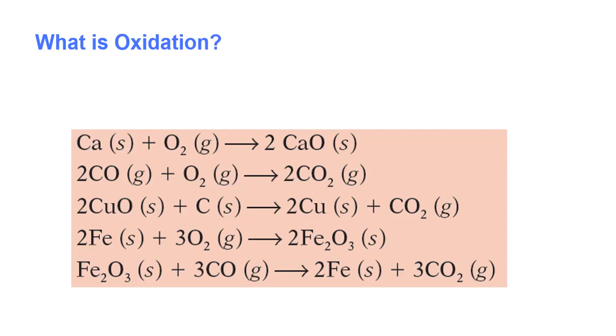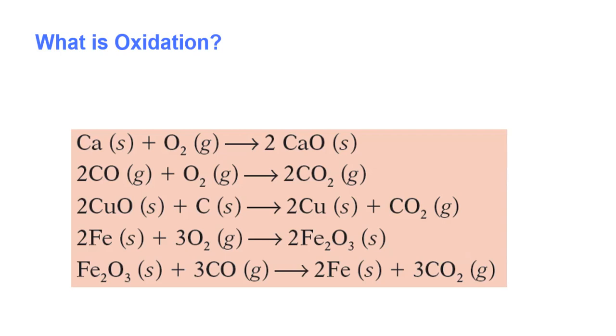Dear students, look at these examples. Here, calcium reacts with oxygen to produce calcium oxide. In this example, calcium gained oxygen. Similarly, look at the second example. Here, carbon monoxide reacts with oxygen to produce carbon dioxide.